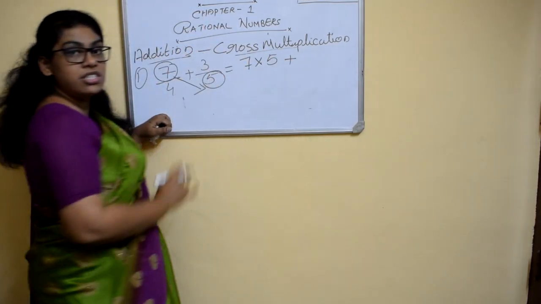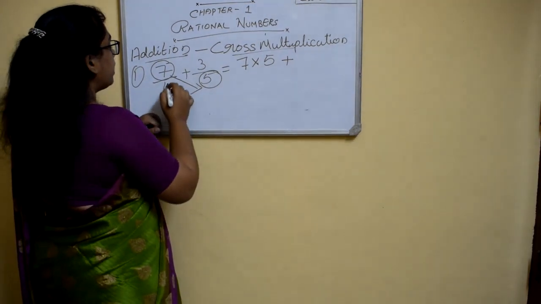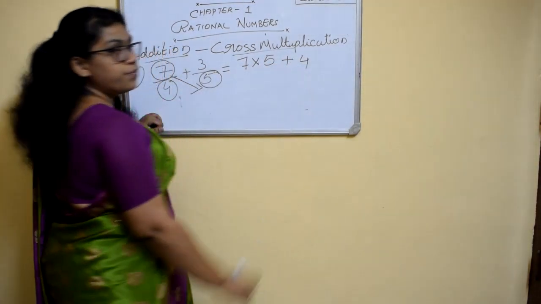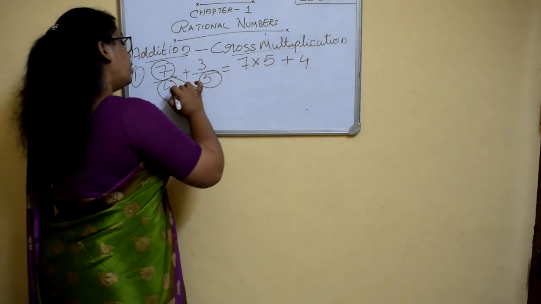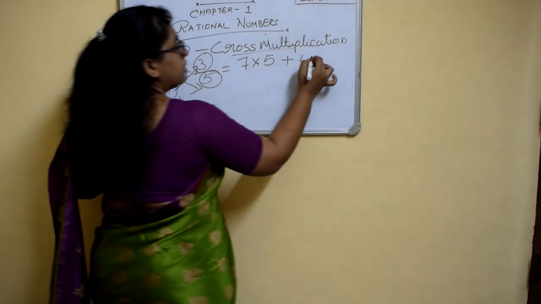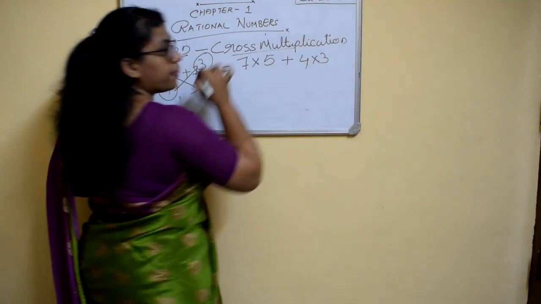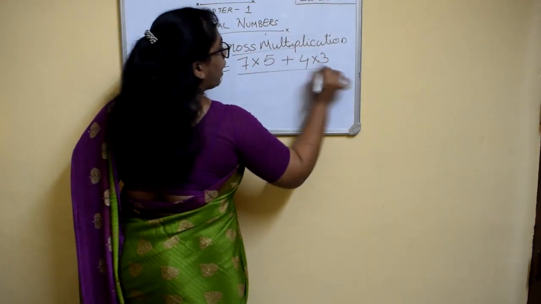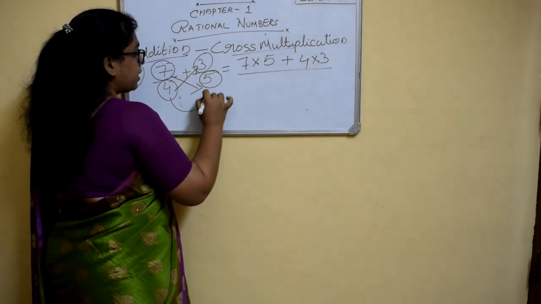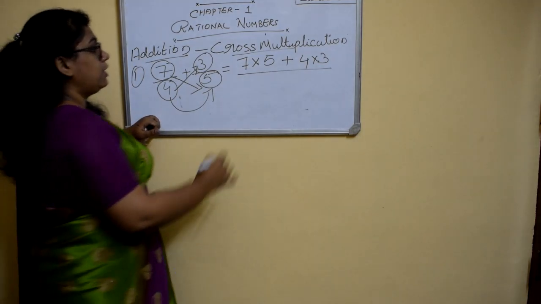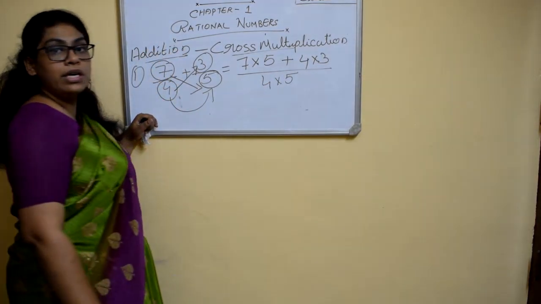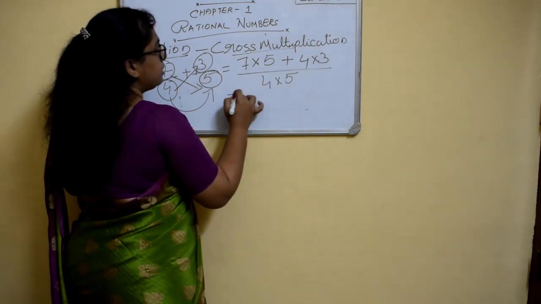Next we consider the denominator of the first rational number, that is 4, into the numerator of the second rational number, that is 3, so 3 into 3. Then all divided by denominator into denominator, 4 into 5.